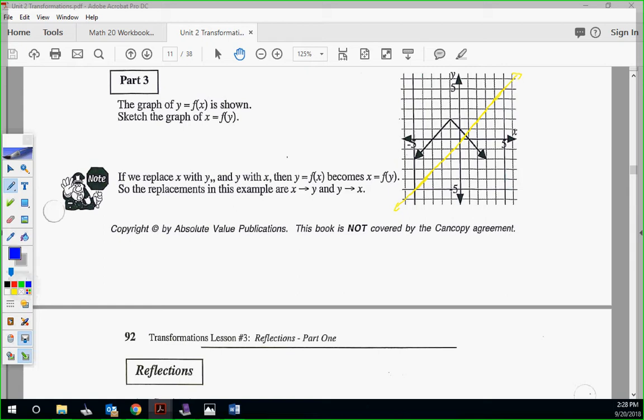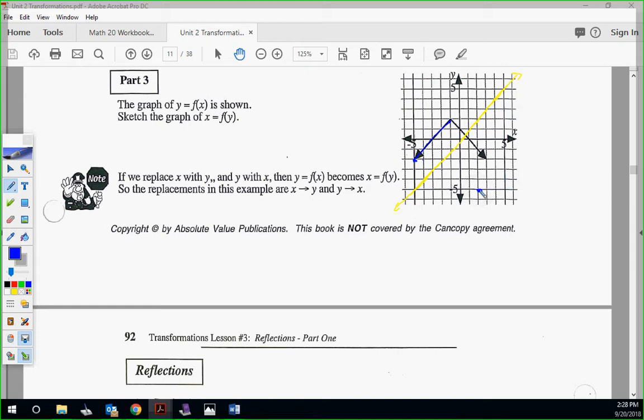All right, so now what I noticed is this line here is going to mirror over here. See that? It's going to flip like that. So for example, you can get a point if you want. This is (-5, -2), so it's going to be (-2, -5).